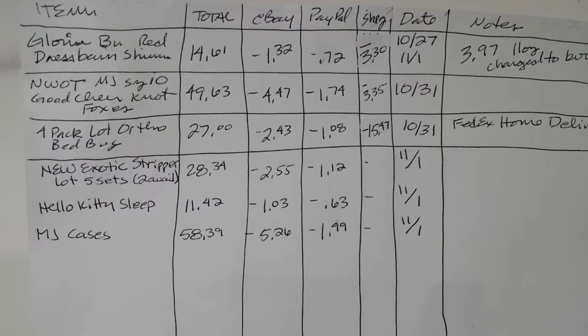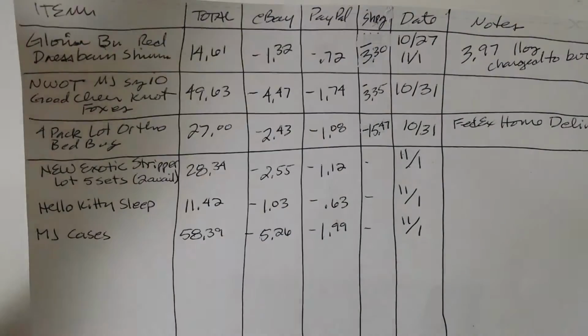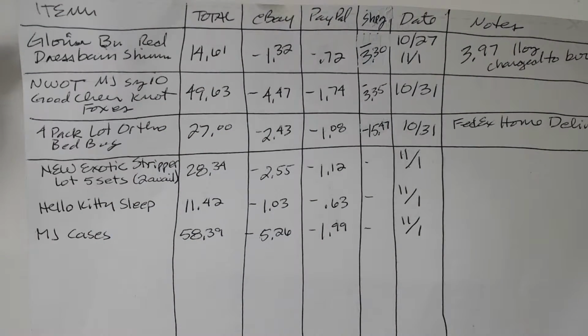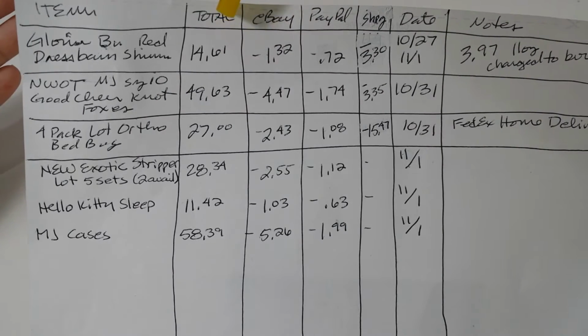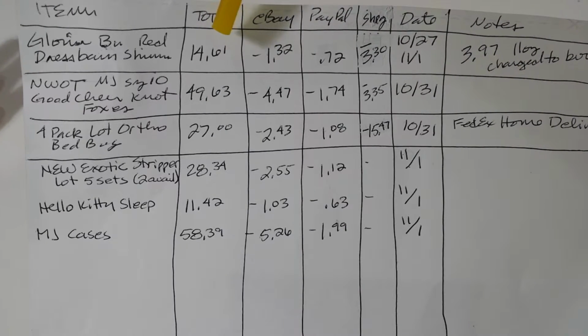So then, once I find the item, I have a column already entered for how much I paid for the item, and it's already a negative. The next column over is how much the person paid in total, including shipping. One of the reasons I do this is because that's how you would find it in PayPal.